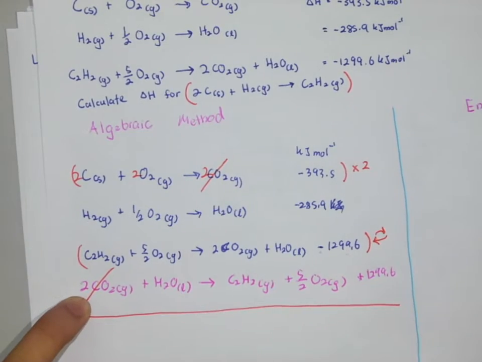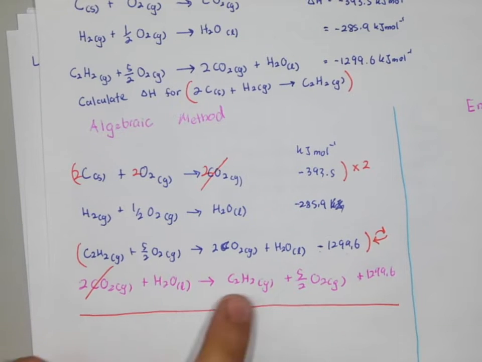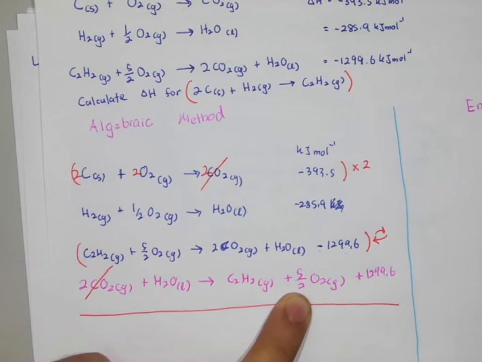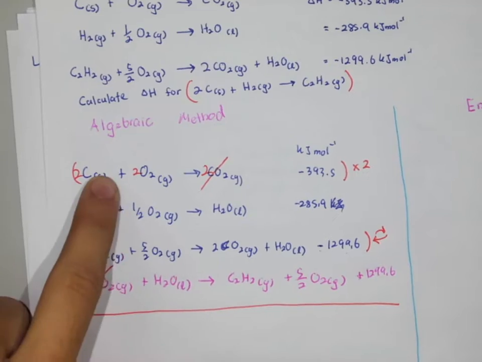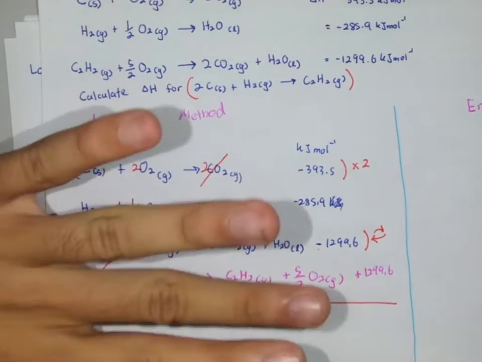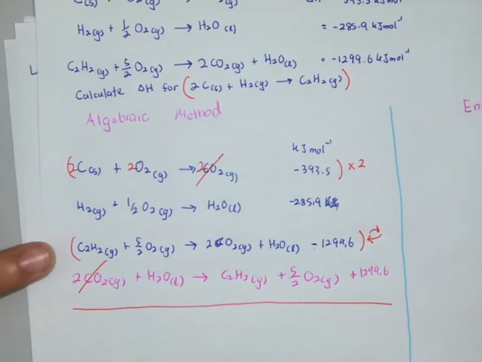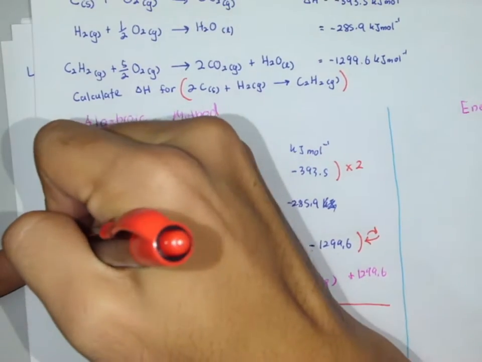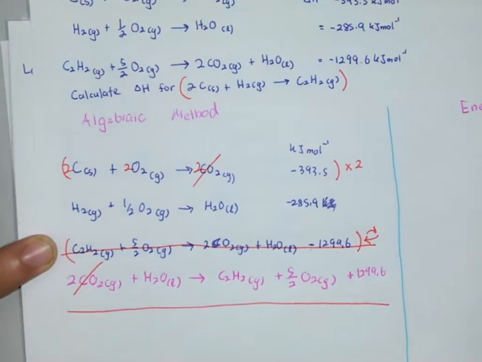What are the other things? Look here, you have reversed it, we have 5/2 oxygen. Here there is no 5/2, but don't look at that one because we already reversed it.